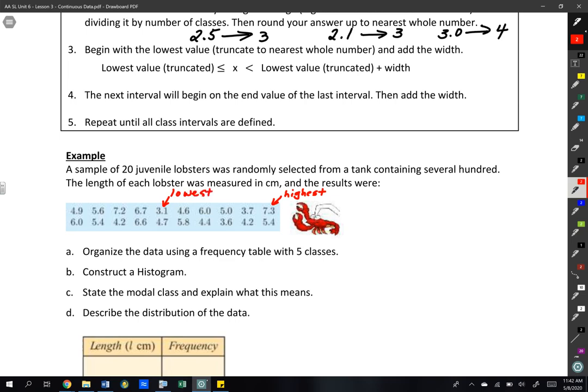And we want to find the width. So before we can start doing our frequency table for continuous data, we need to know what the width is. So that's going to be our range, right, which is high minus low, divided by the number of classes.